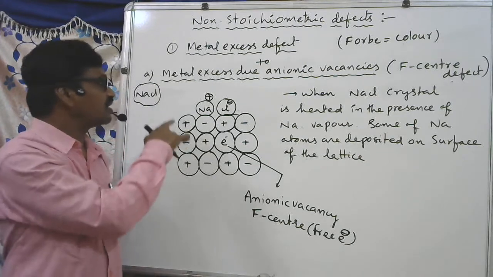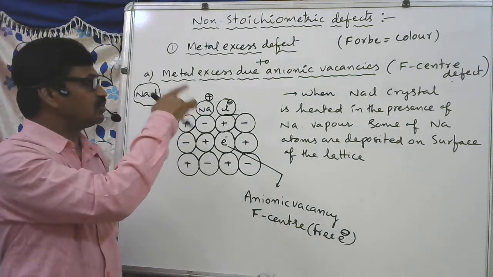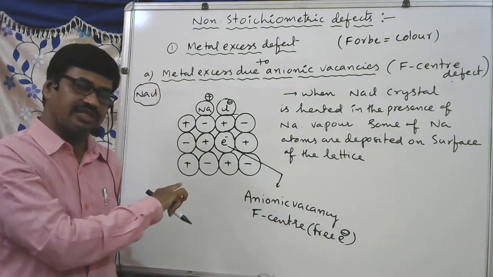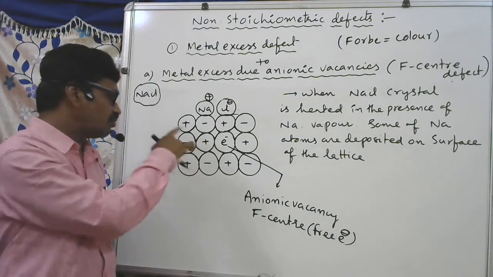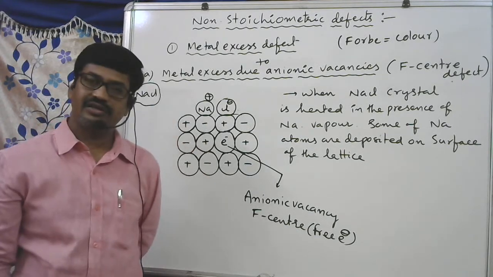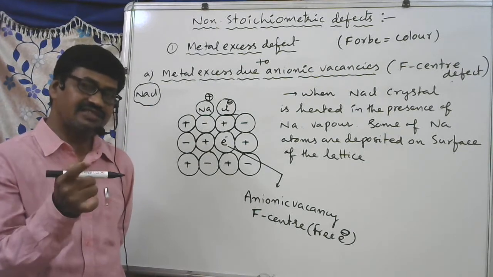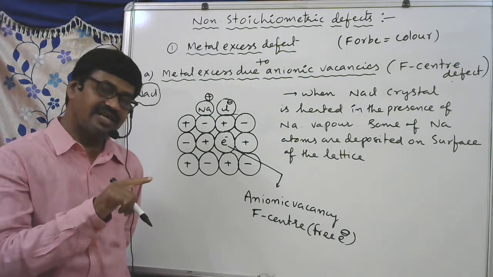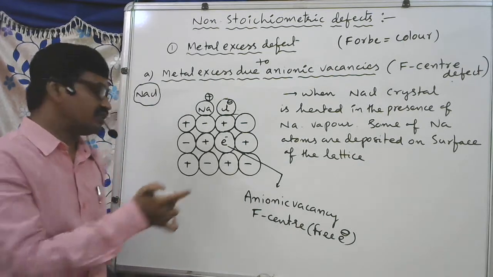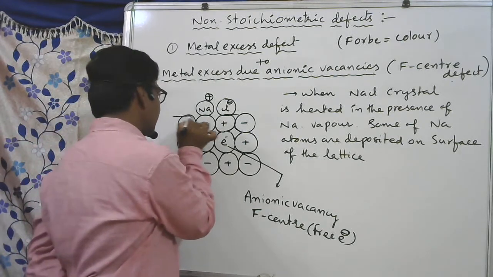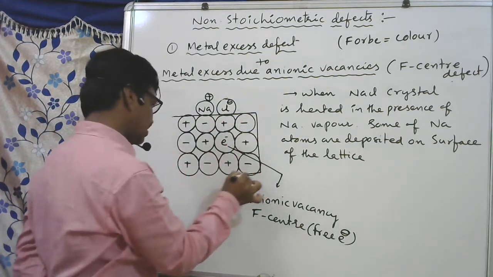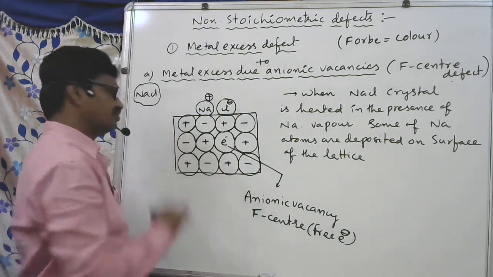This is about metal excess due to anionic vacancies. Now if you count the number of sodiums and the number of Cl minus ions, one sodium is in excess because one Cl minus ion has moved from the crystal lattice. See here, this is the crystal lattice.